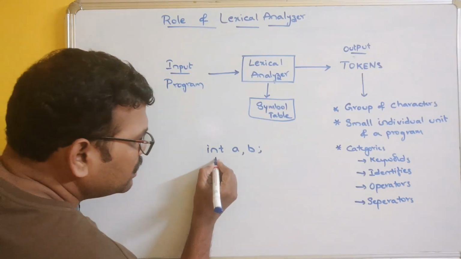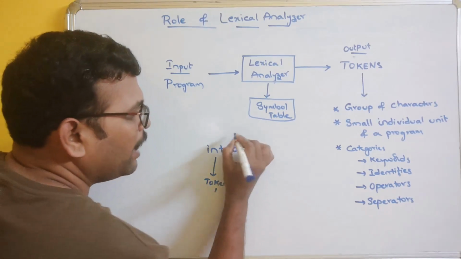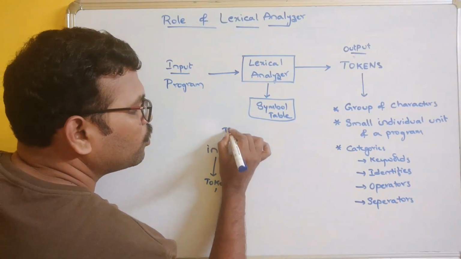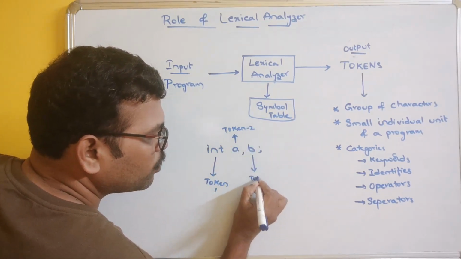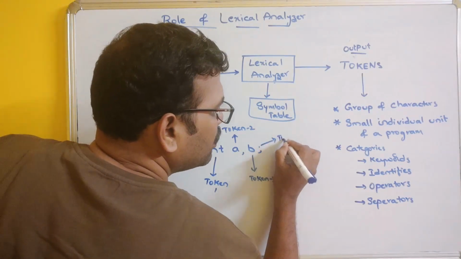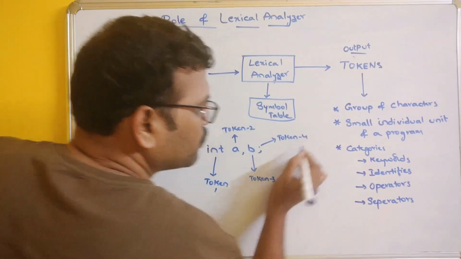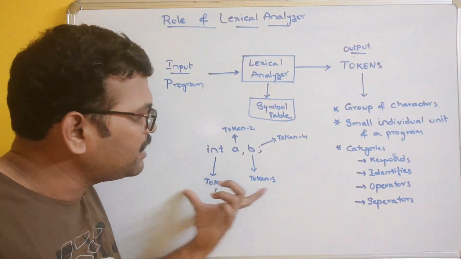Now this will be token 1, this will be token 2, this will be token 3, and this will be token 4. These individual units of a program we call tokens.